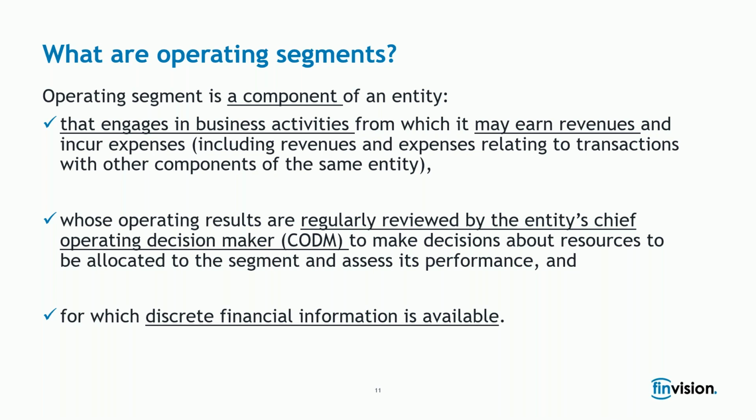It's regularly reviewed by the CODM, the Chief Operating Decision Maker, that makes the decision on how to allocate resources or assess its performance, and for which discrete financial information is available. So there are three different components we'll dig deeper into now to understand what is an operating segment.